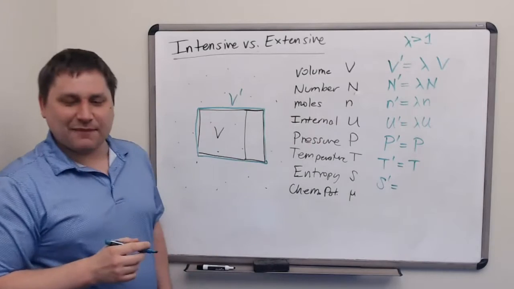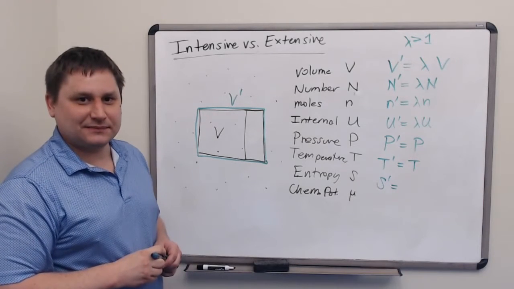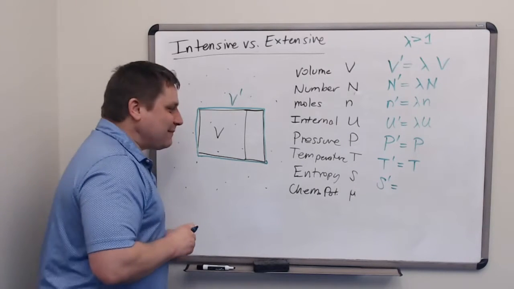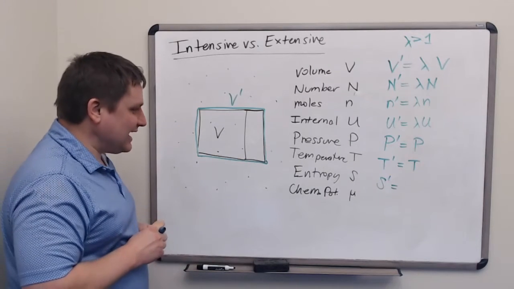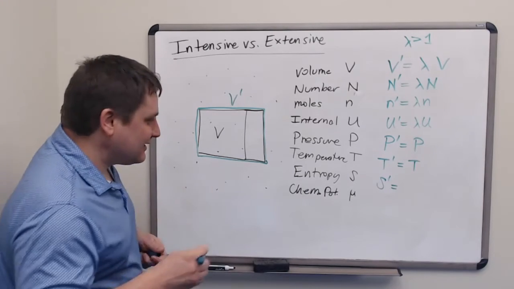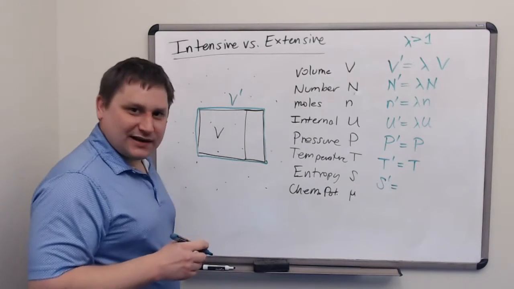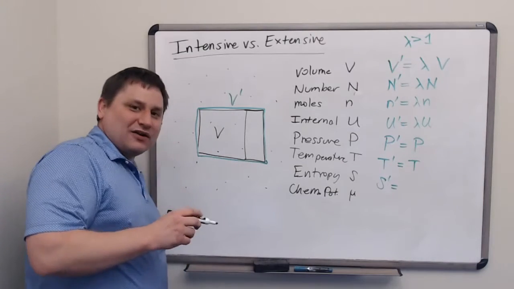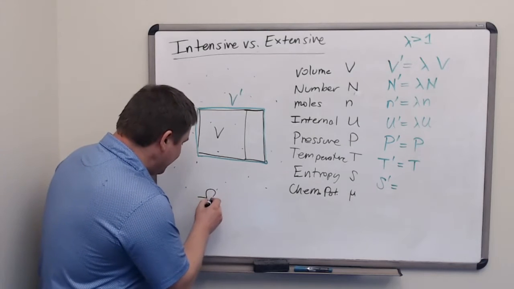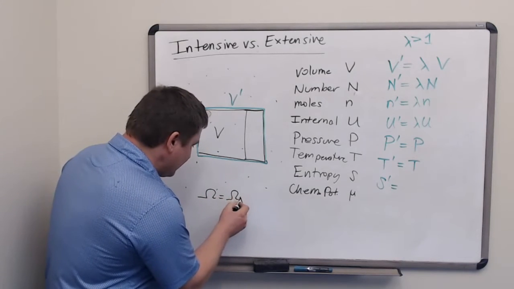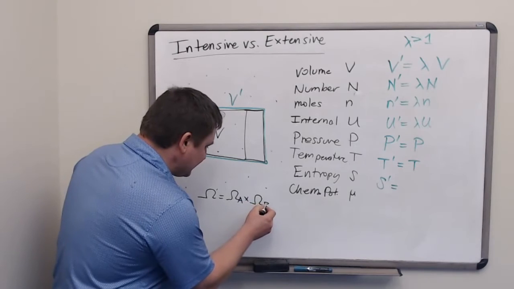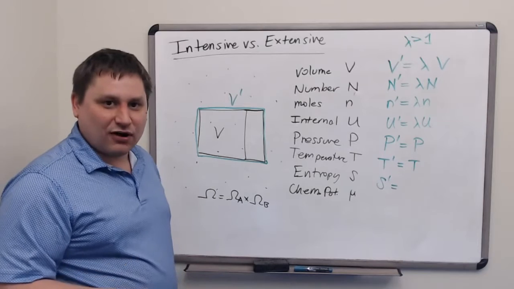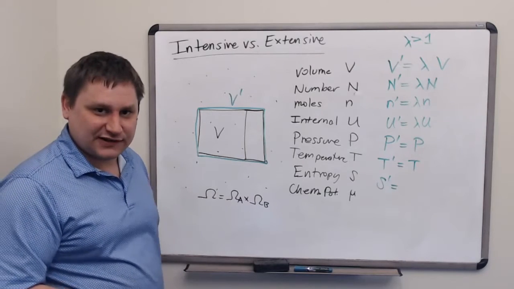See if you can guess what happens to the entropy. It might be hard because entropy is a little bit different concept, but let's see if we can do a little bit of a proof here. Remember a while ago we had a proof that if we combined two systems that were independent, the multiplicity of the overall system would be the product of the multiplicity of each part.